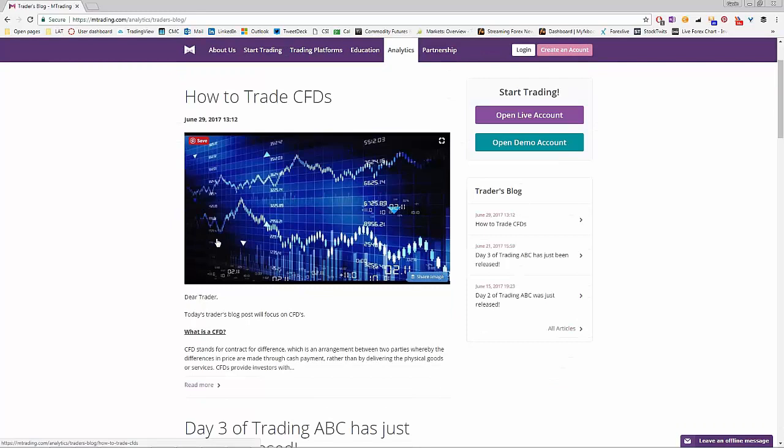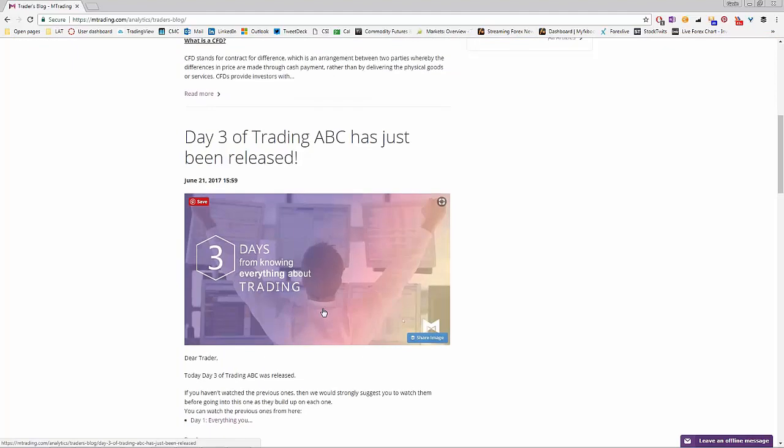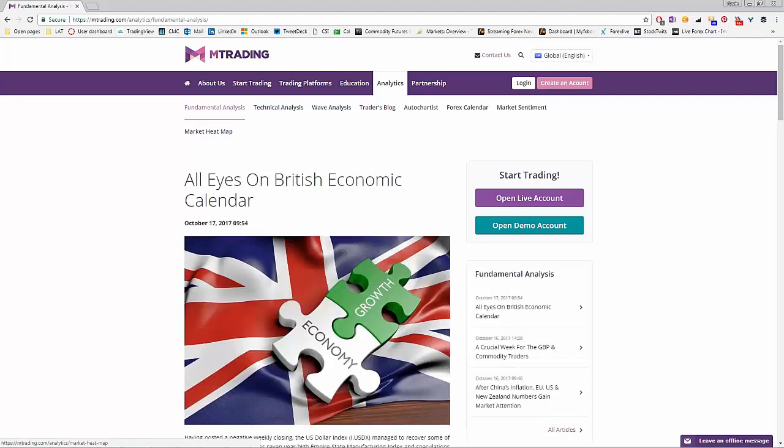If you don't have any idea what a contract for difference is, go into this, do more research, along with other articles that have been released on a daily basis. And if you're looking for fundamental analysis to improve your fundamentals, one key point I would say is read, read, read. The more you read, the more you'll understand the fundamentals behind specific assets.